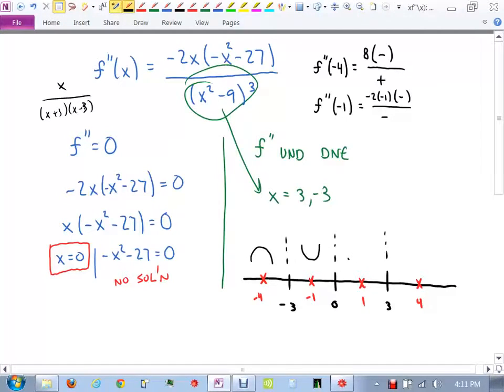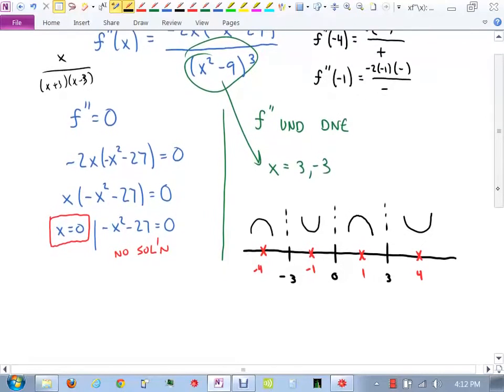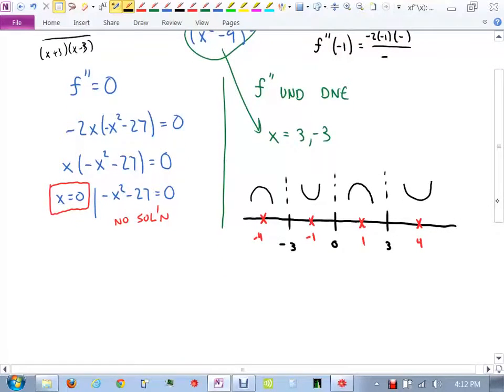This one should be negative? And plug in 4. Positive. You need to practice plugging those in yourself, okay?